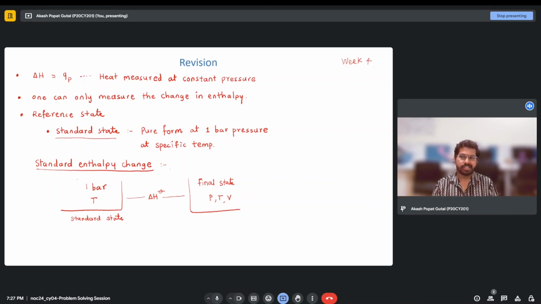And we have defined the standard enthalpy change from the standard state to the final state, whatever the pressure, temperature, and volume may be. But we reference our initial system as our standard state. And taking the reference from the standard state, whatever change in enthalpy we calculate, we will call that the standard enthalpy change.